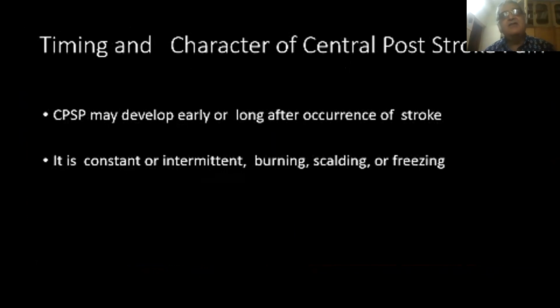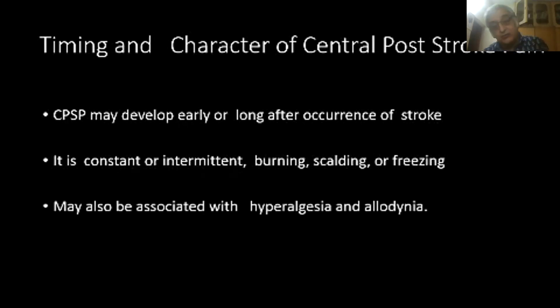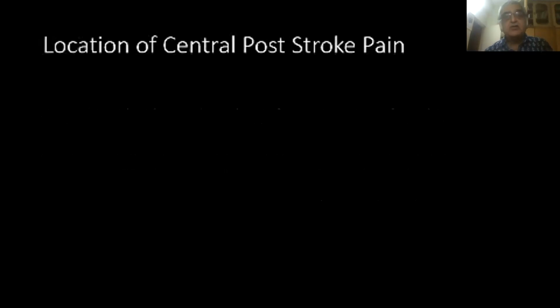Many times we get irritated when we ask the patient, do you get this kind of burning? He will say, sometimes. Do you get this kind of pulling? He'll say, yes, it happens, but sometimes. And we think he's functional, but actually he's not functional. Actually, this is the character, that there are fluctuations in the intensity of the sensory phenomenon. It may also be associated with hyperalgesia and allodynia.